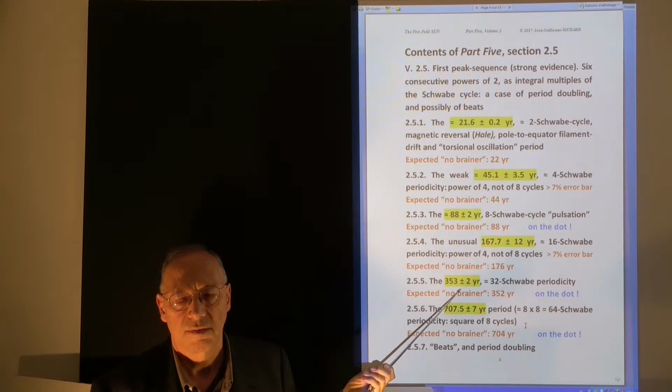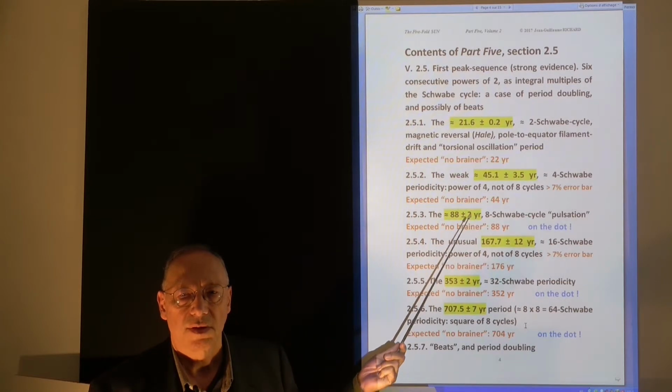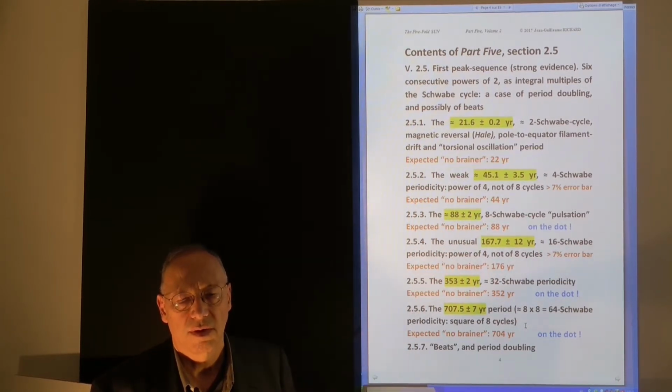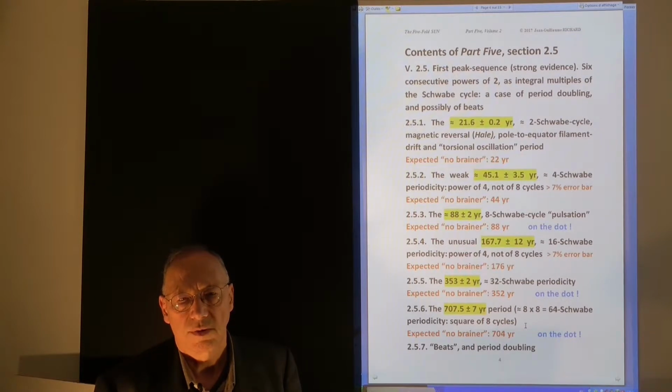The 353-year period, the 707-year period, for example. You see in orange color, the expected period lengths are in general rather close to the estimated length empirically from observations as in the present chapter.